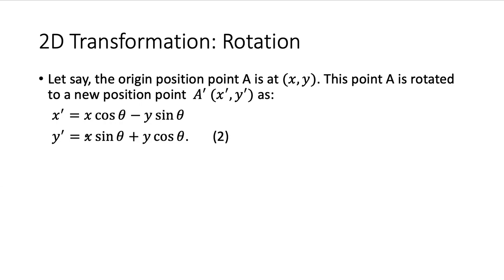Alright, so let's say the original point A is at (x, y), and point A is rotated to a new position, and that new position can be obtained by applying this formula. So how can this formula be derived?